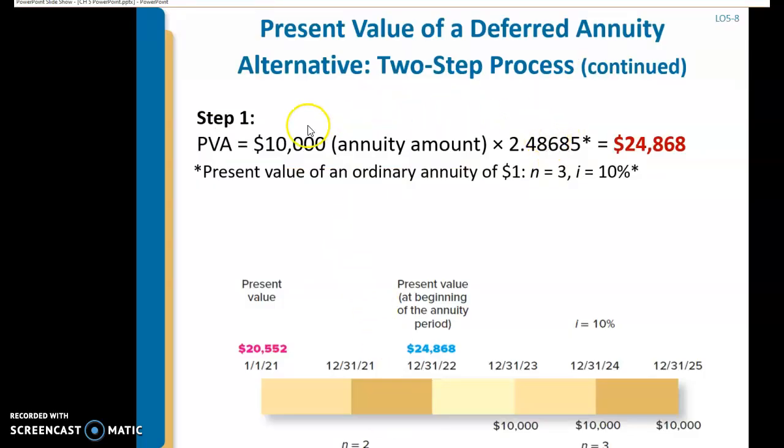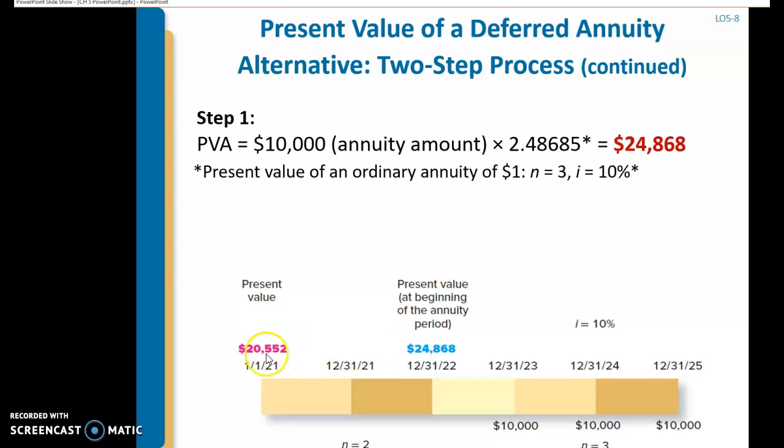Multiply that factor times an annuity amount of $10,000 and you get $24,868. What that means is the present value of this annuity is $24,868, and if the 3 annuity payments began at the end of this first year, then that would be the amount we'd be willing to invest for a 10% return.